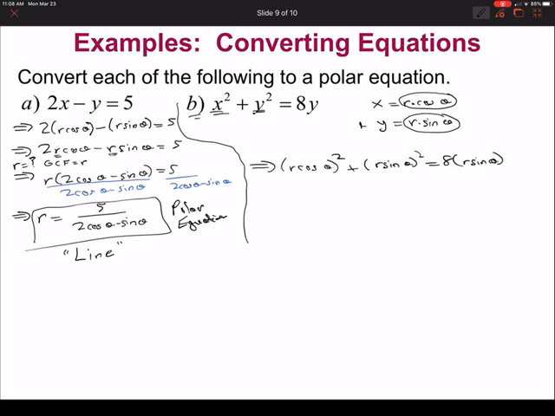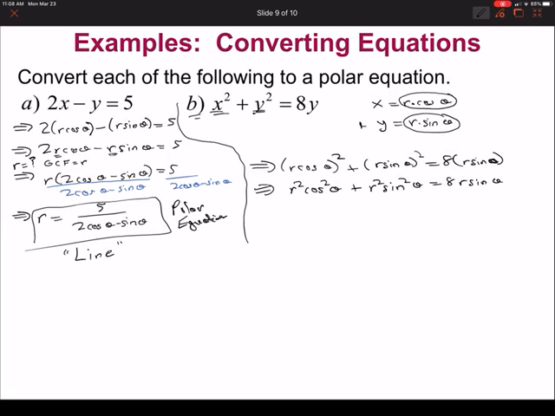So again, out goes x and y, and then come their definitions of r cosine theta and r sine theta. Now as we simplify, if we square r cosine theta, we get r squared cosine squared theta. And as we square r sine theta, we get r squared sine squared theta equal to 8r sine theta.